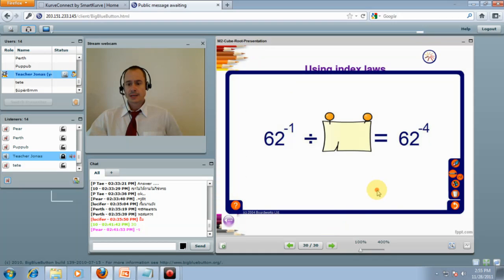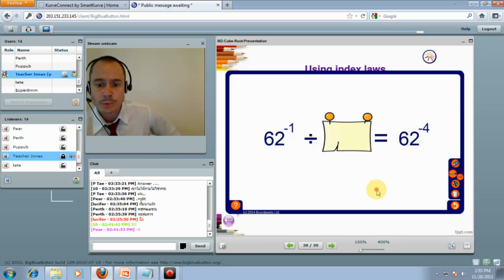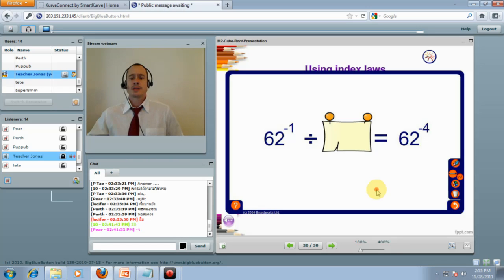And now we have a little question for those who are still awake. We have 62 to the power of minus 1 divided by something, and then you have the answer 62 to the power of minus 4.